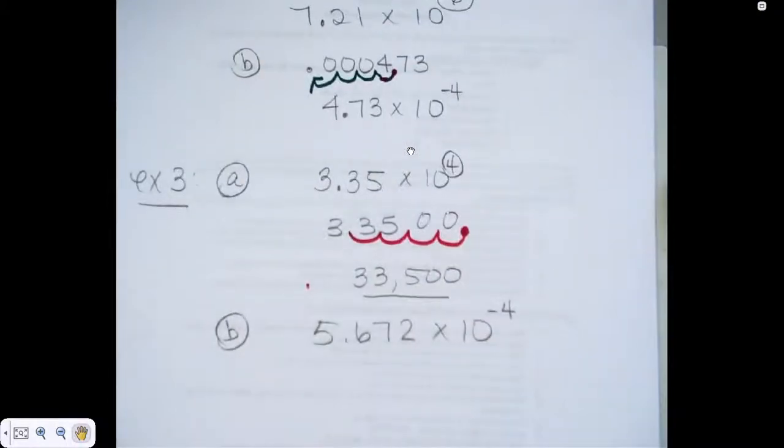Okay, well, if a positive exponent gives us a big number, then a negative exponent is going to give us a small number.